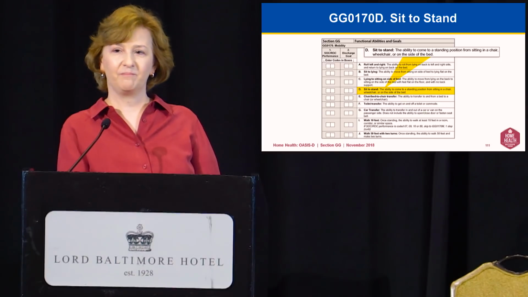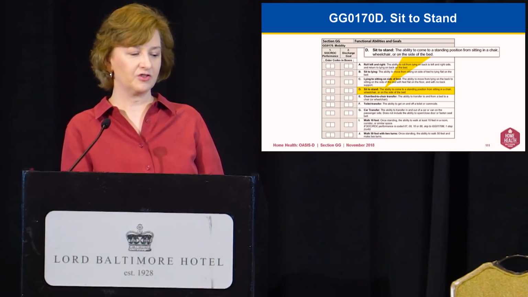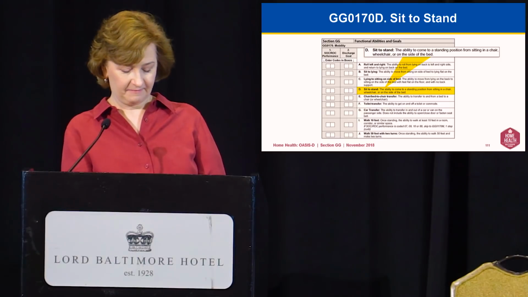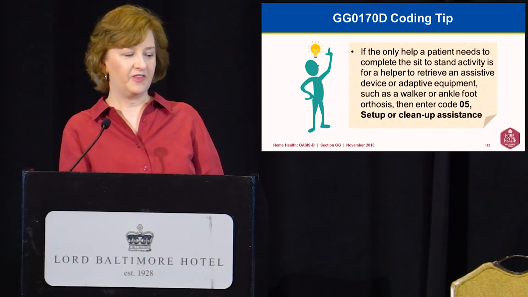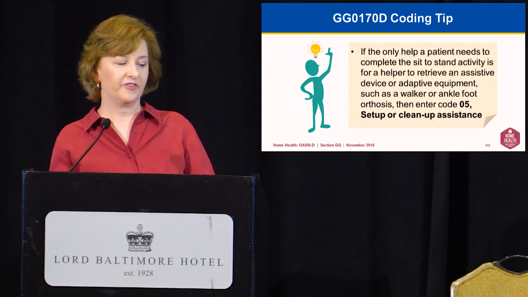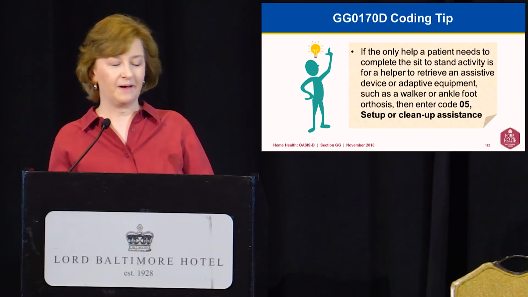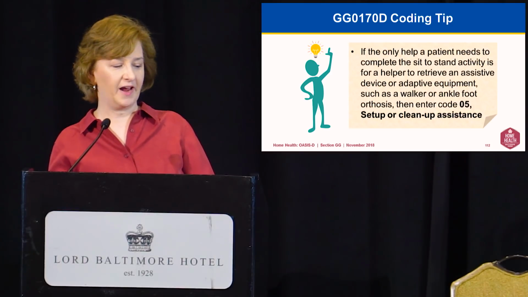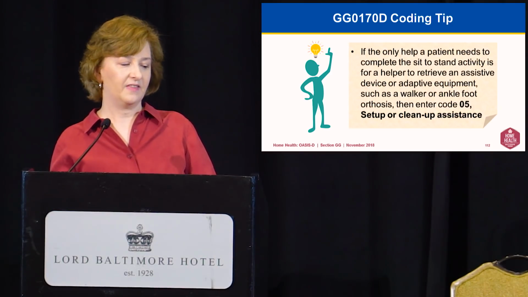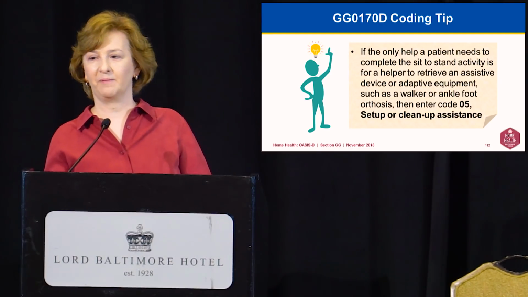The next bed mobility activity relates to sit to stand, and this refers to the ability to come to a standing position from sitting in a chair, wheelchair, or on the side of the bed. If the only help the patient needs to complete the sit to stand activity is for a helper to retrieve an assistive device or adaptive equipment such as a walker or ankle foot orthosis, then the code would be 05, setup or cleanup assistance.